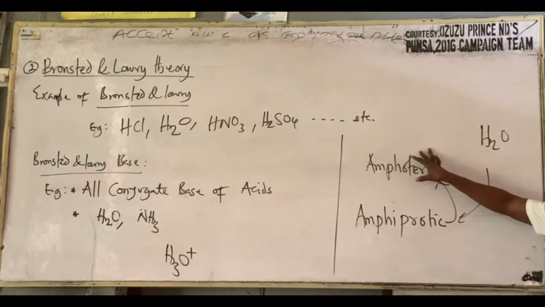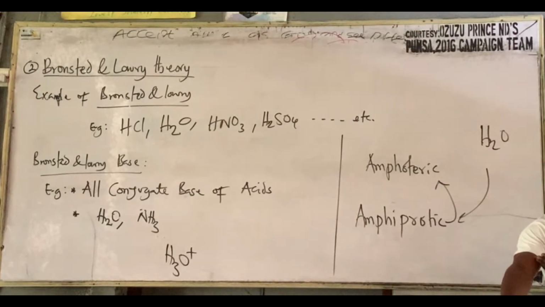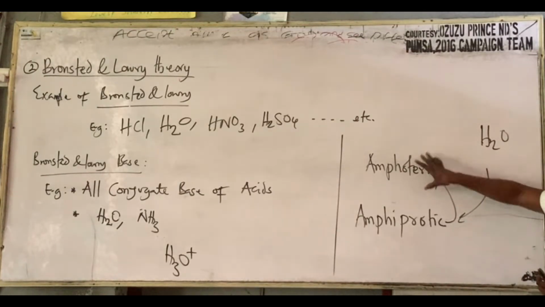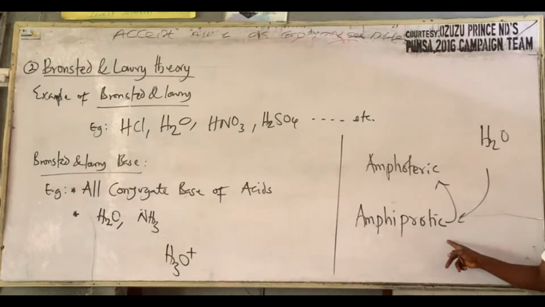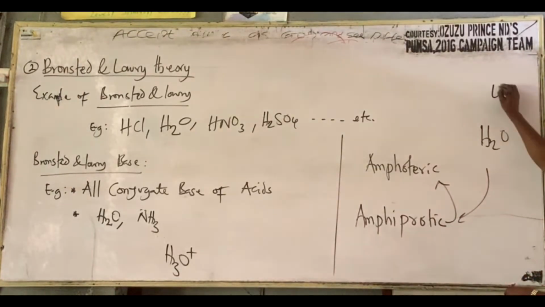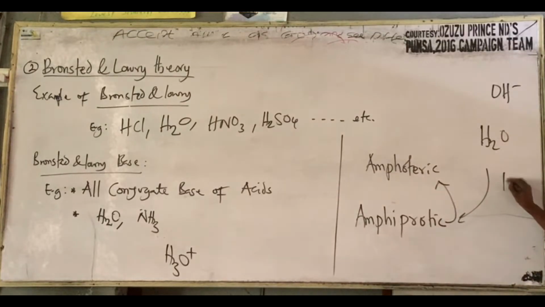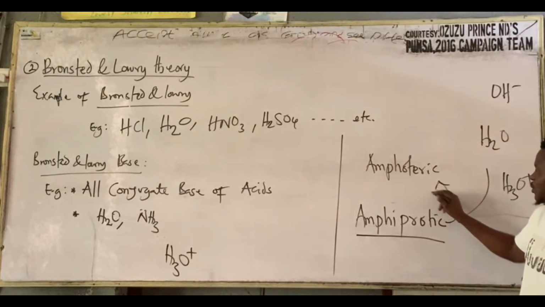Water is amphoteric, but if you want to break it down, water is amphoteric because it can give out a proton and remain what? OH minus. Water can collect a proton and become what? Right? So this one is amphiprotic because it can give a proton and can also accept a proton.